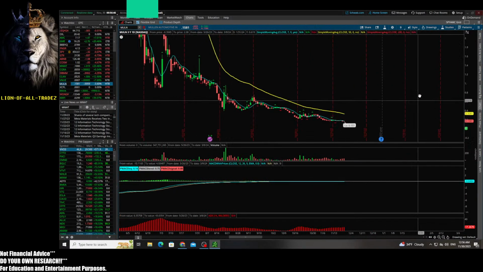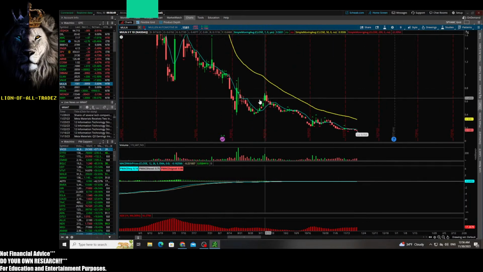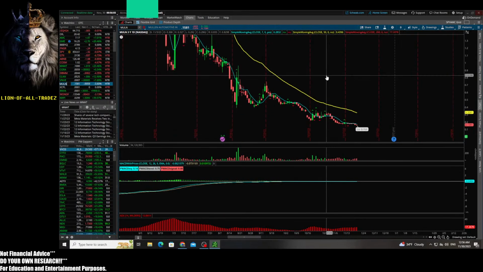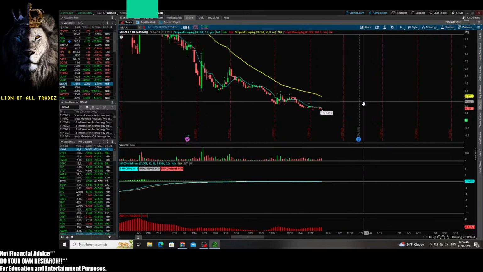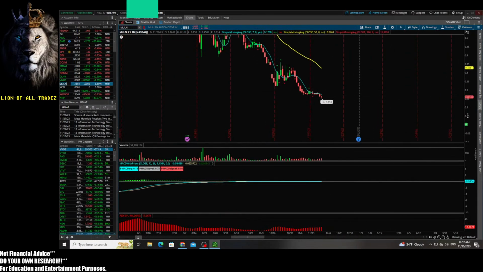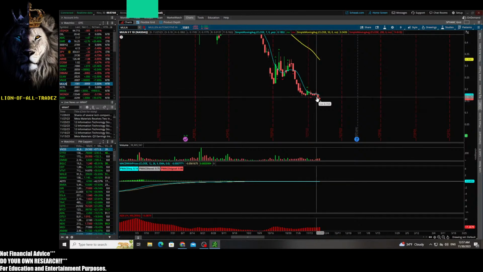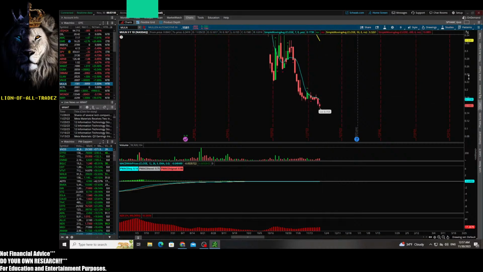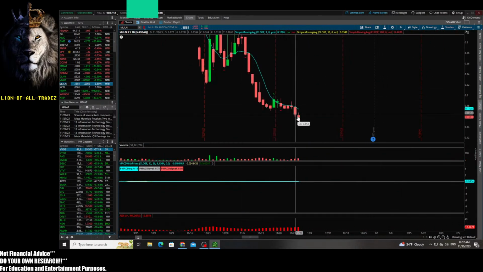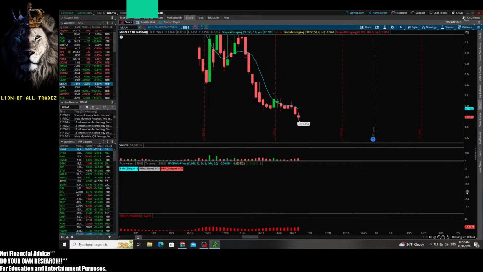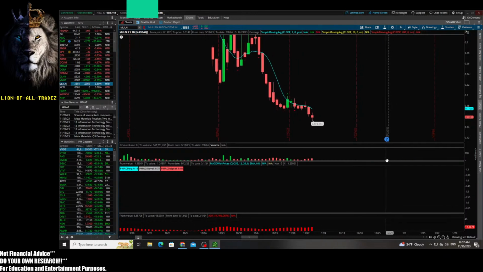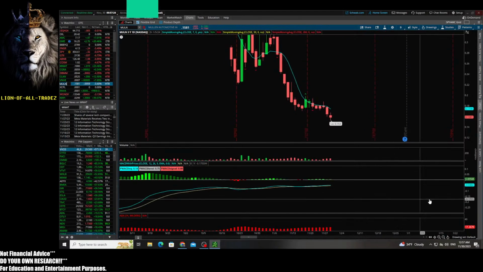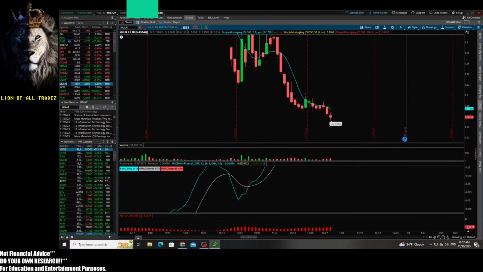I had to literally zoom in so much just to see the actual candles. That's how much this thing has dropped. But even so, it's not even showing any signs of letting up. You can tell right there. Look at that. Where's the MACD at? I have to zoom in so much for this.